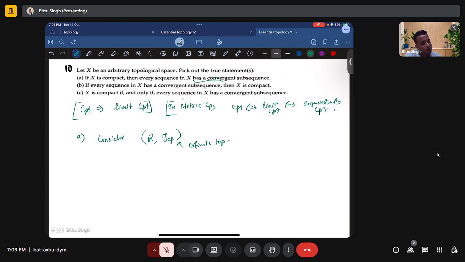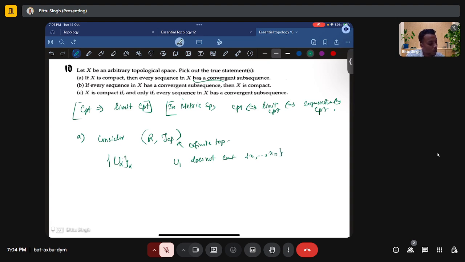Why? Because every open set is the complement of a finite set. So if U alpha is an open cover of R, then each of those U alpha omits at most finitely many points. For example, suppose U1 does not contain x1 up to xn.